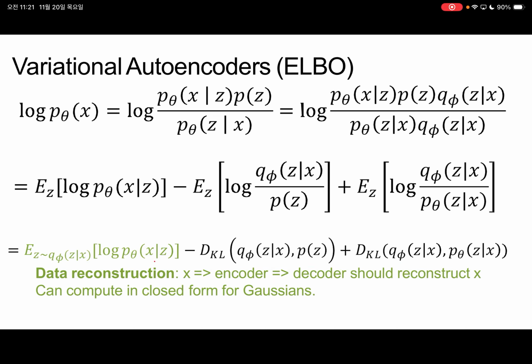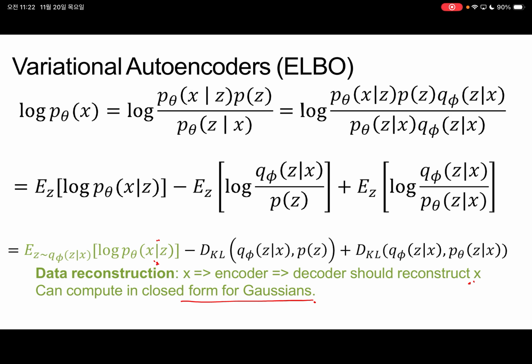This is, as I said, data reconstruction. Maximizing likelihood. So that is the first loss function that we need to introduce when training VAE. X goes through the encoder and decoder and should be reconstructed as X, and this can be computed in closed form for Gaussians, right? As we learned for Gaussians, maximizing likelihood is equivalent to minimizing the L2 distance between input data and reconstructed output. So that is the reconstruction loss function.